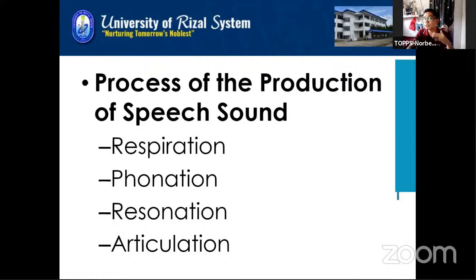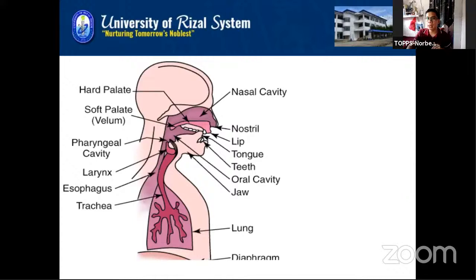So how do these four differ? So let's say, for instance, these are the different parts of our speech apparatus. So these are the main apparatus involved in our speech production.